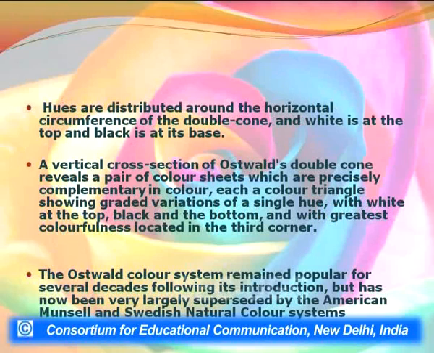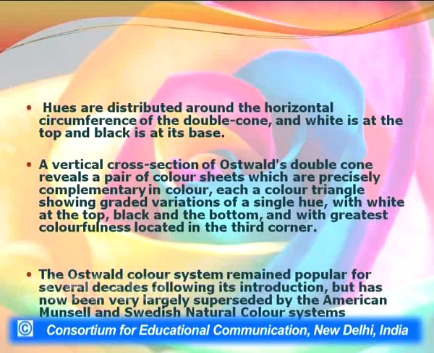Hues are distributed around the horizontal circumference of the double cone, with white at the top and black at its base. Similarly, the things which we discussed in intensity and value, a vertical cross section of Ostwald's double cone reveals a pair of color sheets which are precisely complementary in color, each a color triangle showing graded variation of a single hue, with white at the top, black at the bottom and with greatest colorfulness located in the third corner.